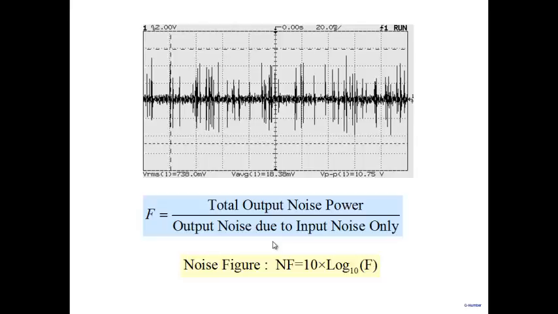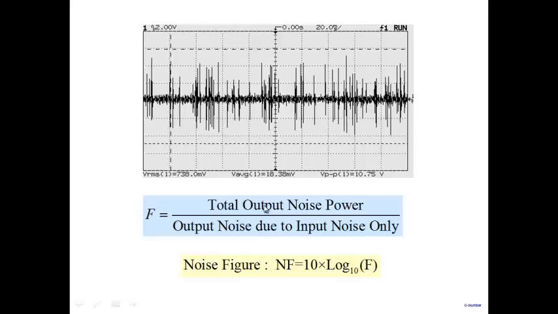So in a real system, there's always an input noise. The noise at the output is due to noise at the input, which is getting amplified by the amplifier, plus noise generated by the amplifier itself. So noise factor is total output noise power divided by output noise due to input noise only.